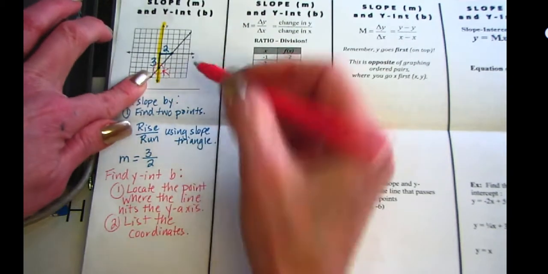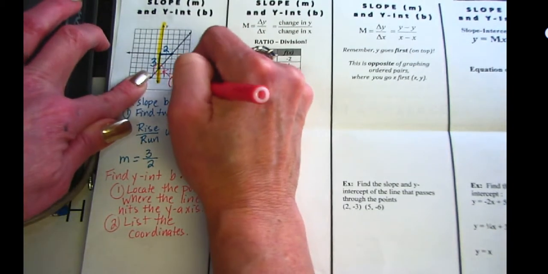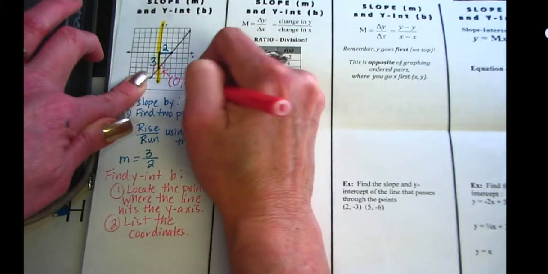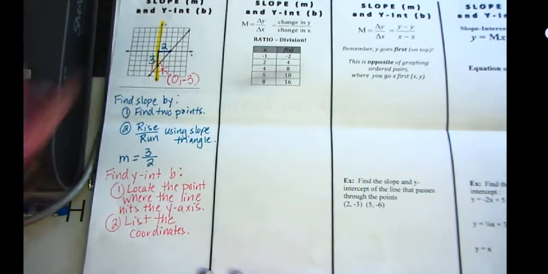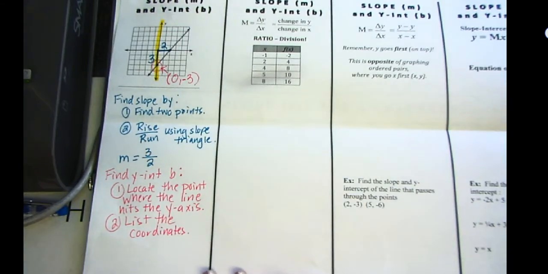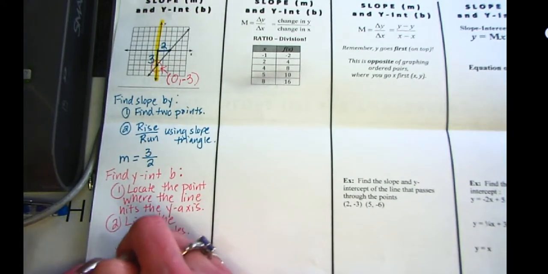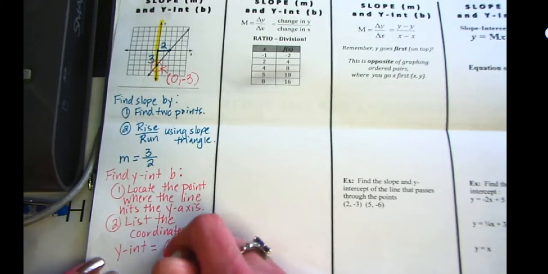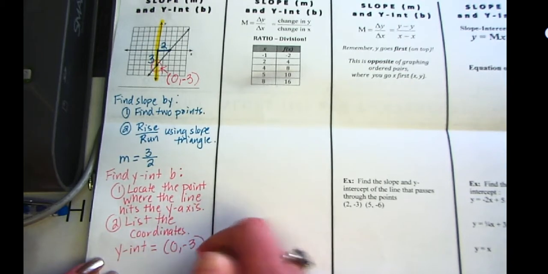And the coordinates of this point, it's always going to be 0 for x, and it's going to be 1, 2, 3, negative 3 for y. So that's my y-intercept. My y-intercept is going to be equal to (0, negative 3).